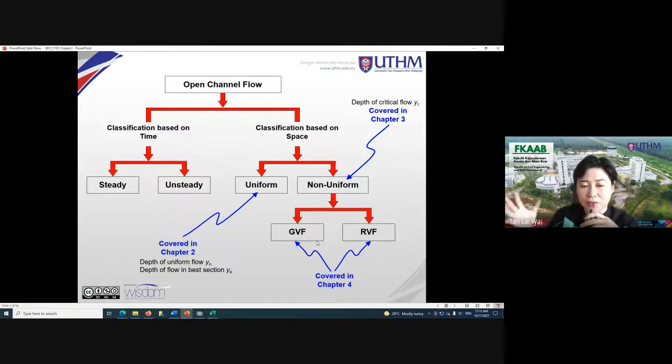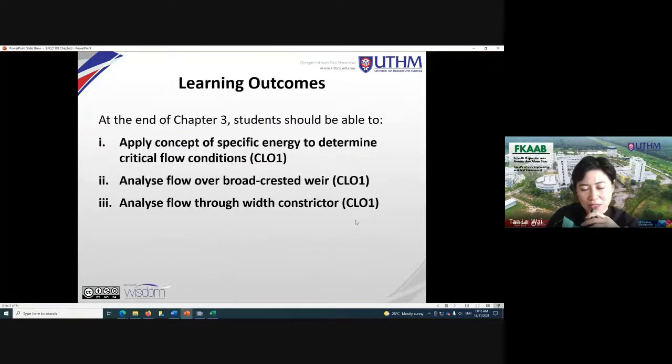There are a few examples of calculation in chapter 4. So I hope you are clear about what we are going to learn in chapter 3. We are going to learn about the concept of specific energy. As I told you earlier, there will be two examples that we are going to look at: flow over a broad crested weir and flow through a constricted channel, basically.